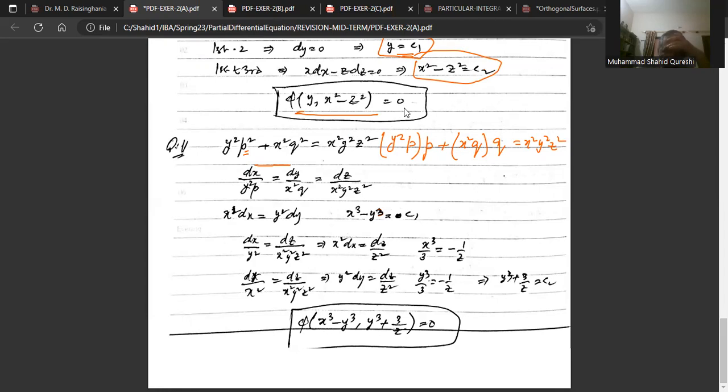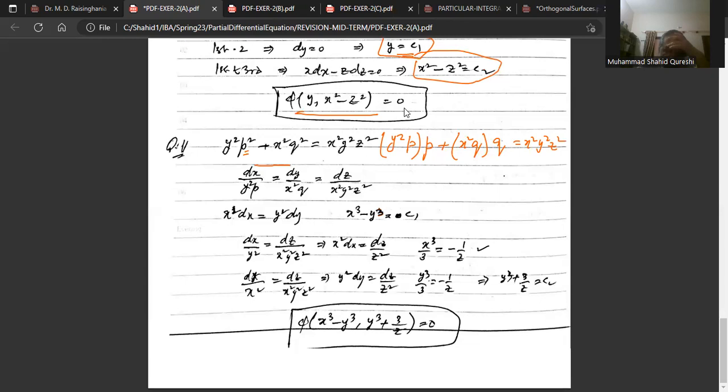So what is being done here? We write down dx upon y square is equal to dz upon x square y square z square, leaving out p at all, in which y square cancels out. X square dz square gives us this result. Similarly, dy upon x square is equal to this, gives us this result.